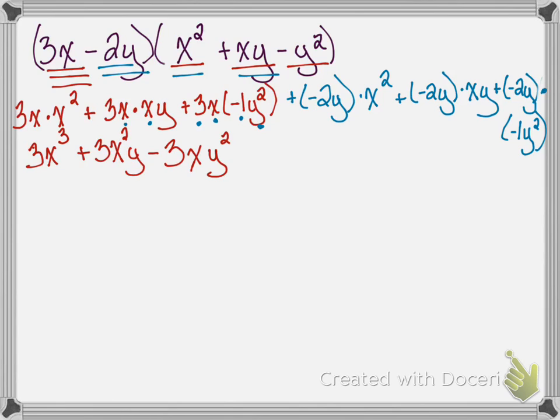Okay. Now, our next one, negative 2y, that is times y squared. Negative 2y is times 1x squared. So I've got negative 2 times positive 1. Okay. Can I put that x squared first and then the y? I can, because 2 times 3 is the same thing as 3 times 2.